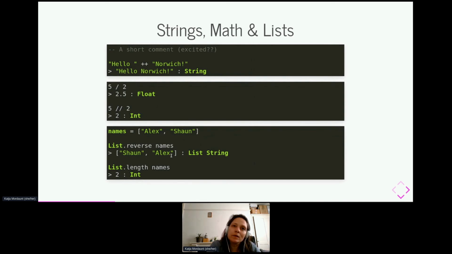This is the square bracket list syntax, and the list has all the normal functions you would expect, like getting its length and reversing, and they're all very predictable. You know exactly what you're going to get back because all of the functions defined in the libraries that you use are going to tell you exactly what their return types are.